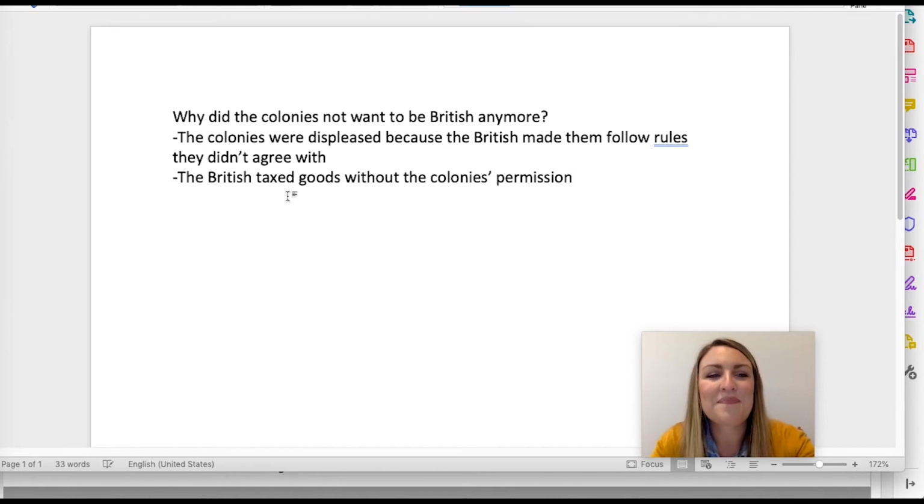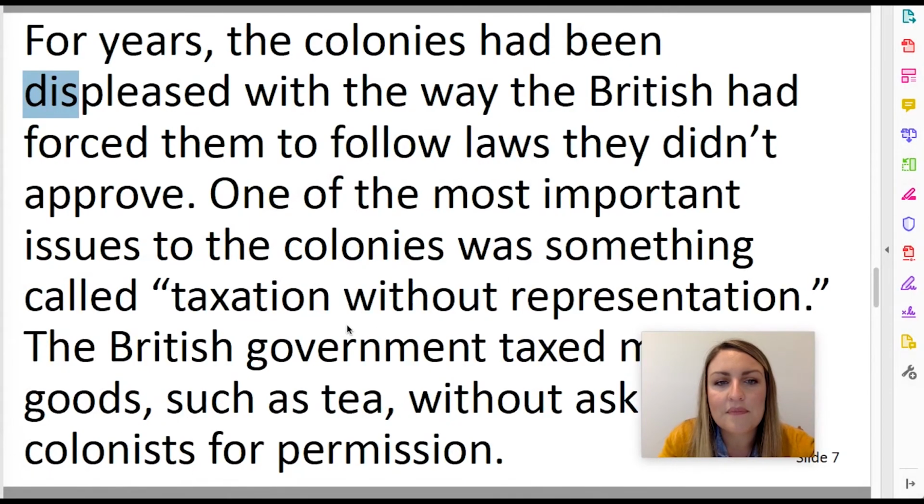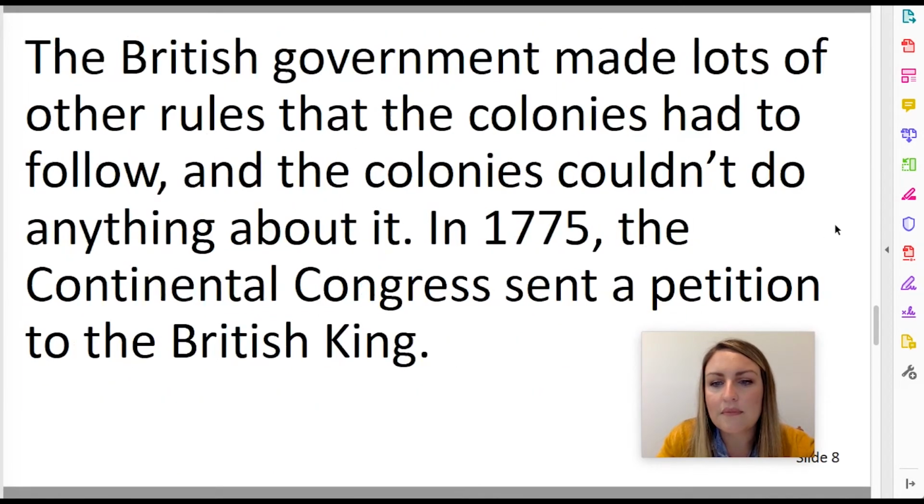Nice job. Let's keep reading. The British government made lots of other rules that the colonies had to follow, and the colonies couldn't do anything about it.